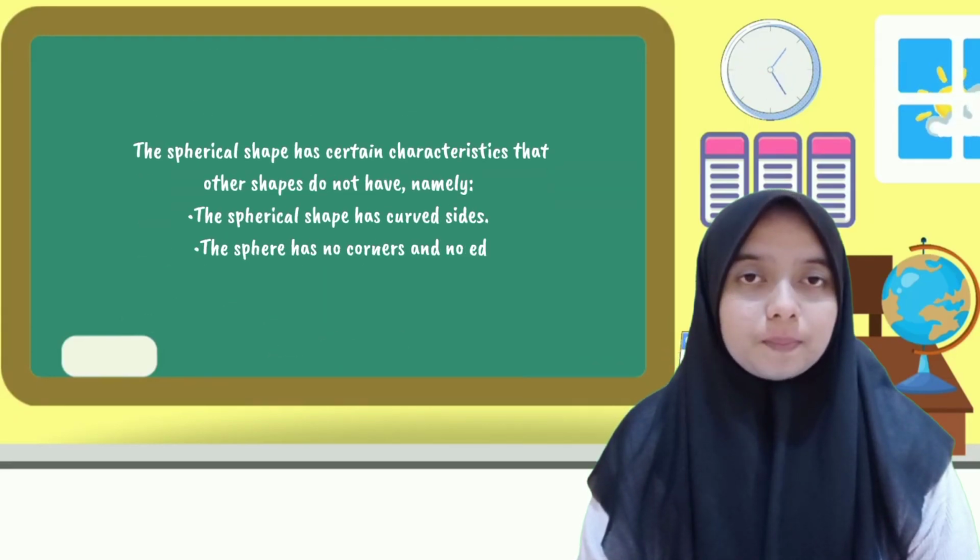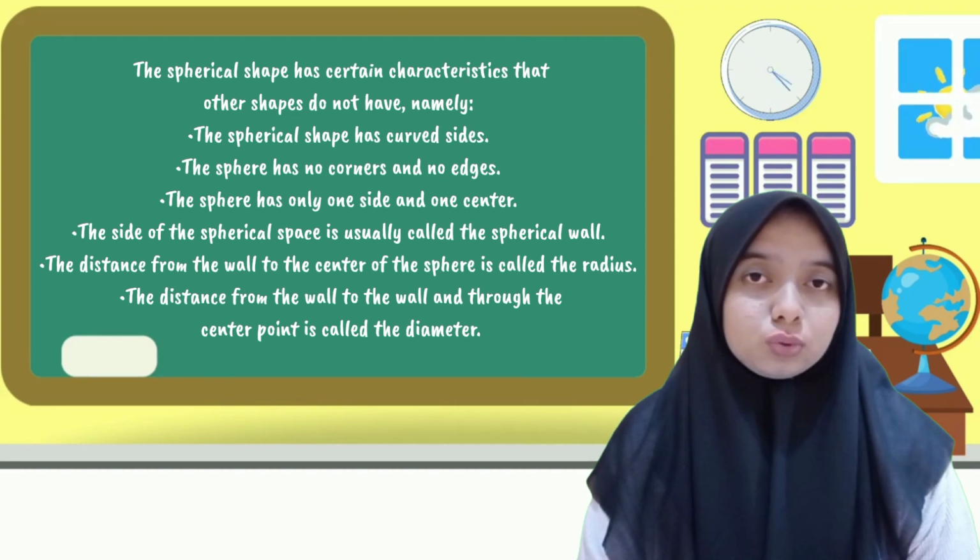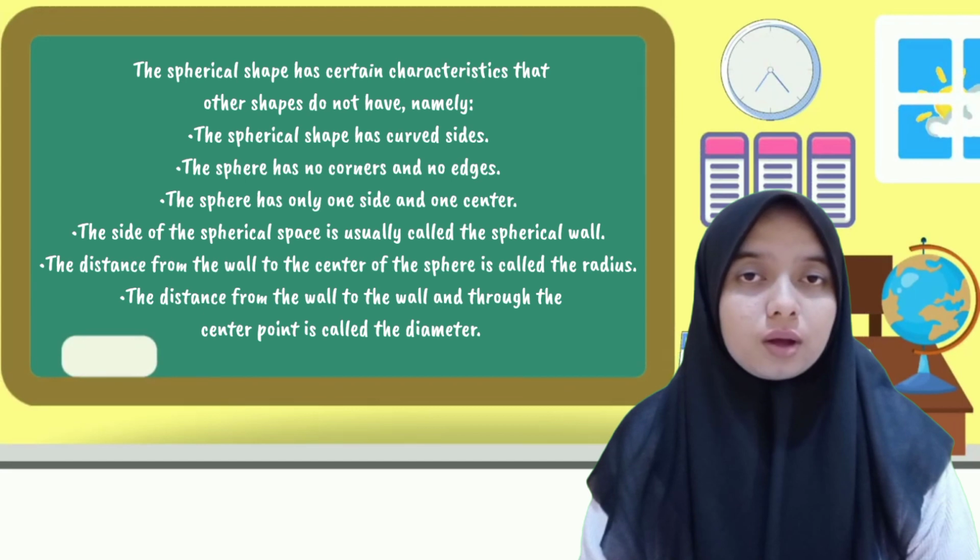Next, the spherical shape has certain characteristics that other shapes do not have, namely, the sphere has a curved side. The sphere has no corners and no edges. The sphere has only one side and one center.